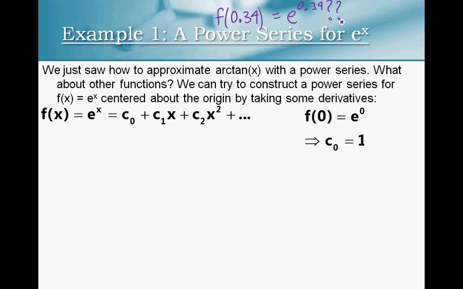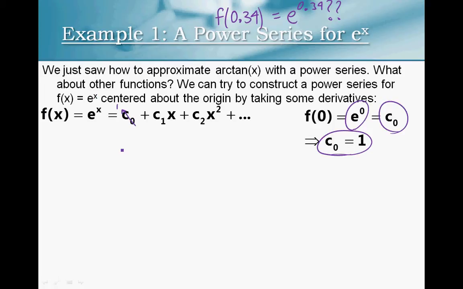Well, one thing I could figure out is what c0 is, right? I should be able to plug in f of 0, and that's e to the 0, which is c0. So c0 is e to the 0, which is 1. So I was able to knock out this very first term of that power series and figure out that it should equal the number 1.